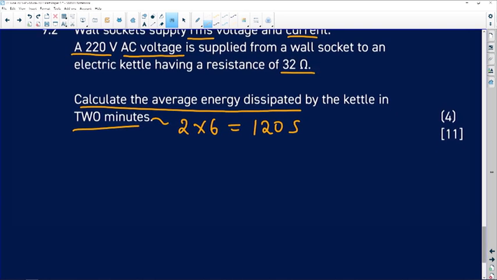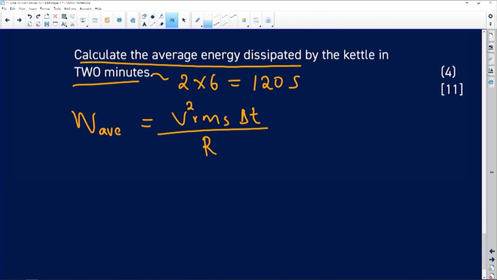So we go to our formula sheet, because we are given the resistance and the voltage. The average energy will be equal to V squared RMS, multiplied by the change in time, divided by R. We are given the voltage as 220, and don't forget to square it.